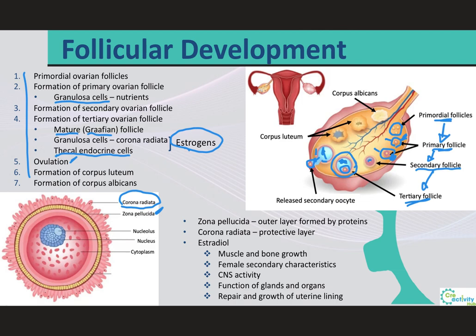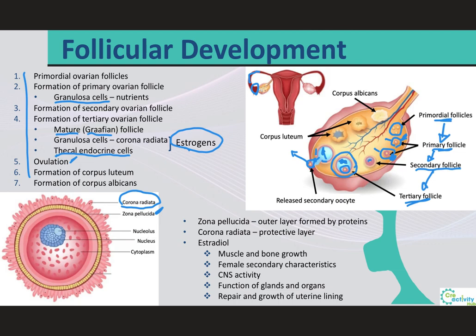And the sticky follicular fluid keeps the corona radiata attached to the surface of the ovary near the rupture wall of the follicle. Therefore, the oocyte is then moved into the uterine tube by contact with the fimbriae that extend from these uterine tubes, or also by fluid currents that are produced by the cilia that line the tube.